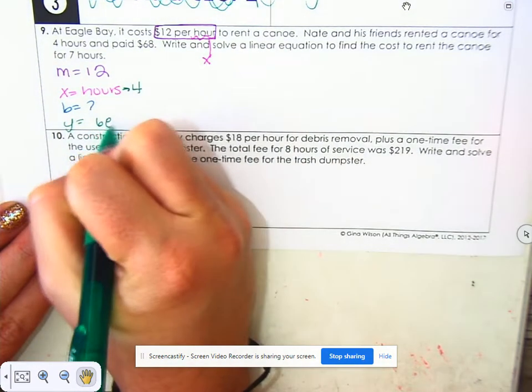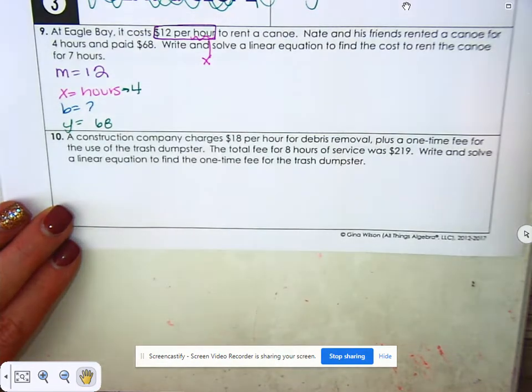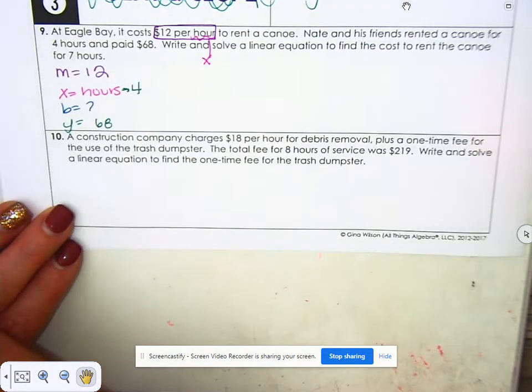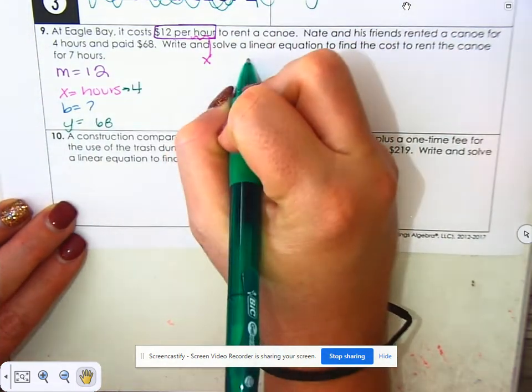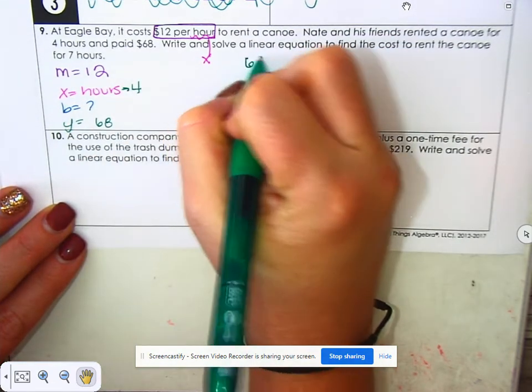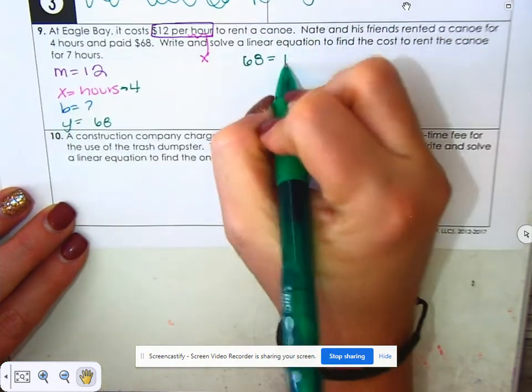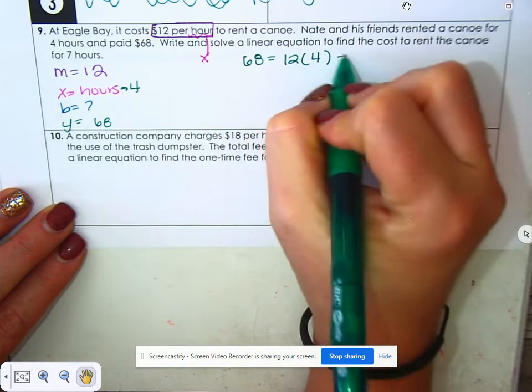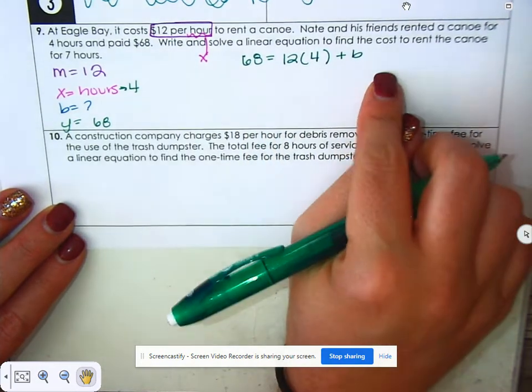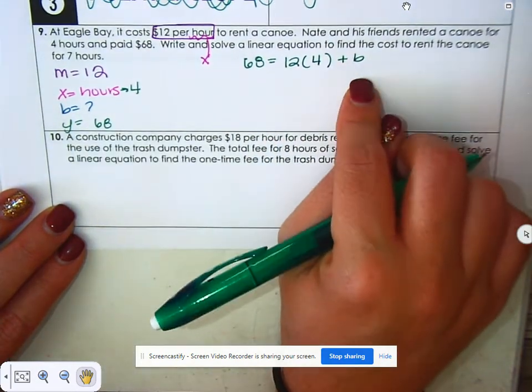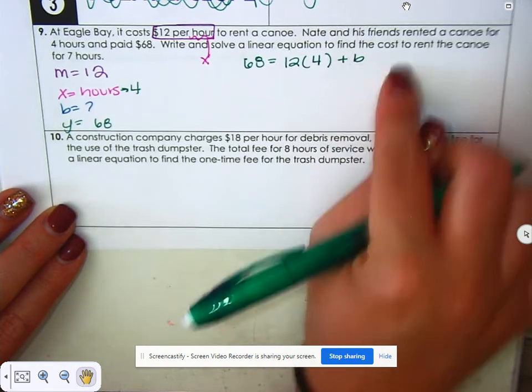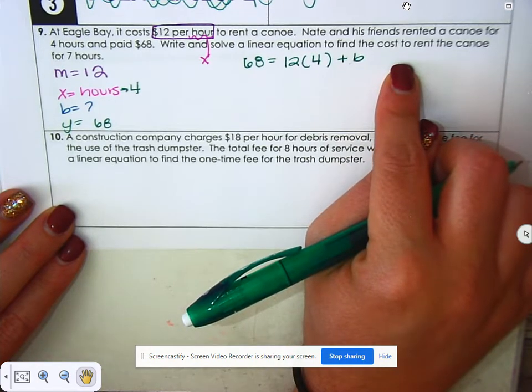So 68 is going to be the other part of our ordered pair. It's our Y. Okay. So that's going to start me with Y is 68. Our M is 12. Our X is 4.